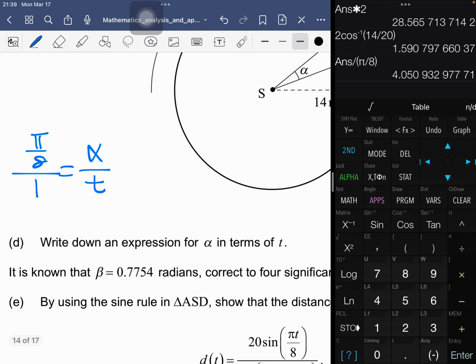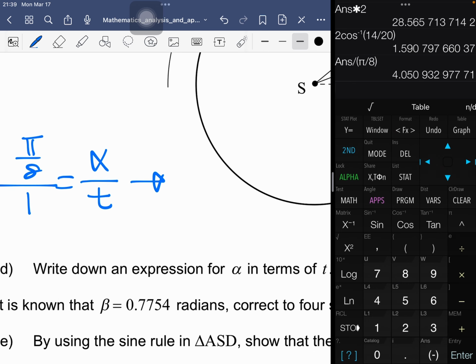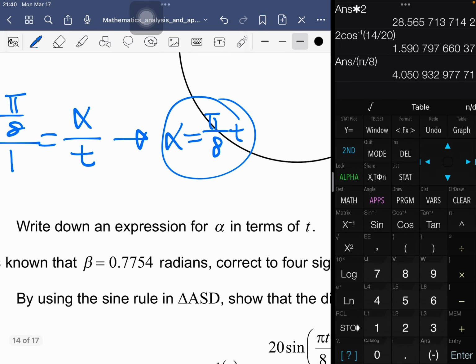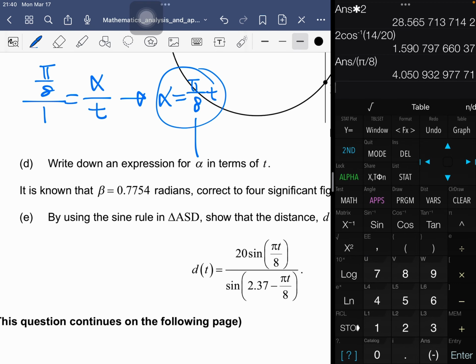So in this equation, alpha is pi over 8 times t. So this is the expression for alpha in terms of t.